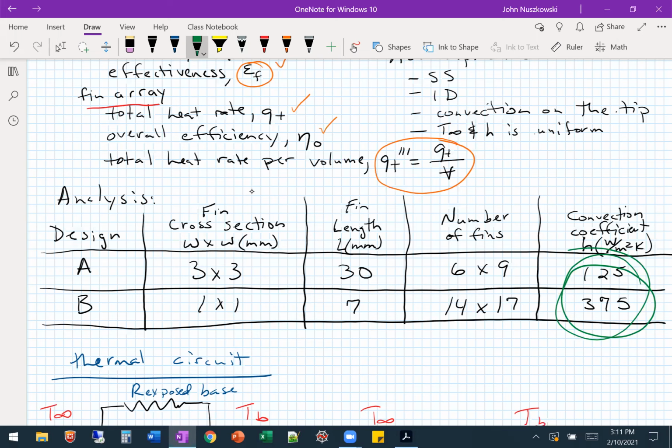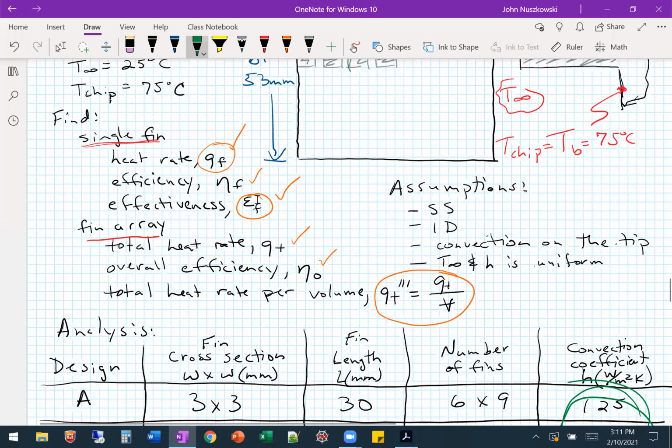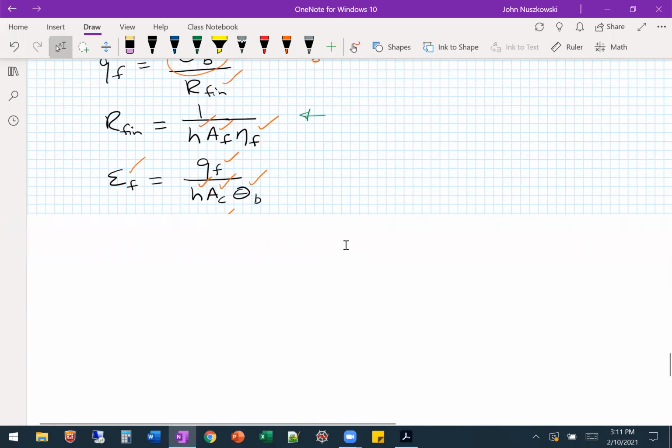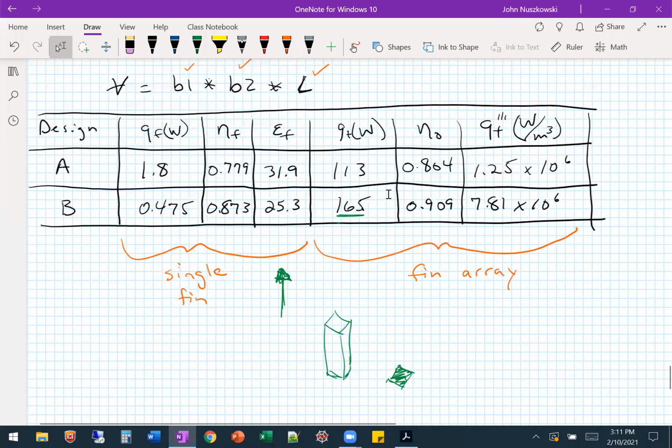You're trying to blow enough air through that the air between the fins is still close to T infinity, even though it's worked its way between the fins. Otherwise, you're changing that convection coefficient as it goes through all the different fins. So we have those two limitations on going to smaller and smaller fins.